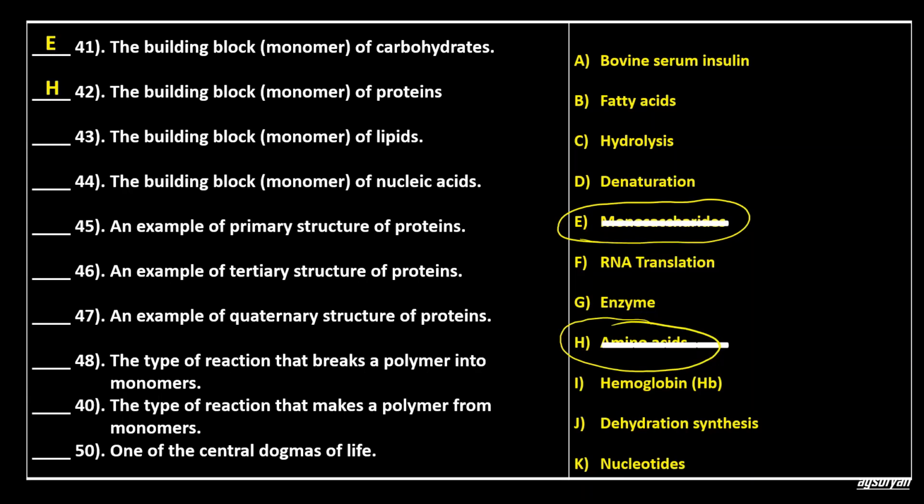So look for the fatty acids over here. The building block or monomers of nucleic acid. Nucleic acid like DNA, RNA, they consist of nucleotides. So the monomer is called nucleotides.